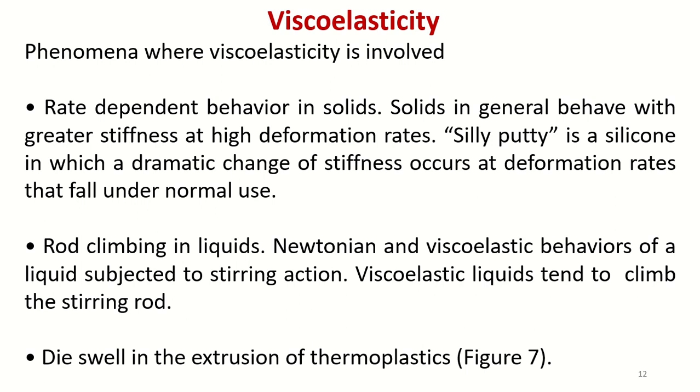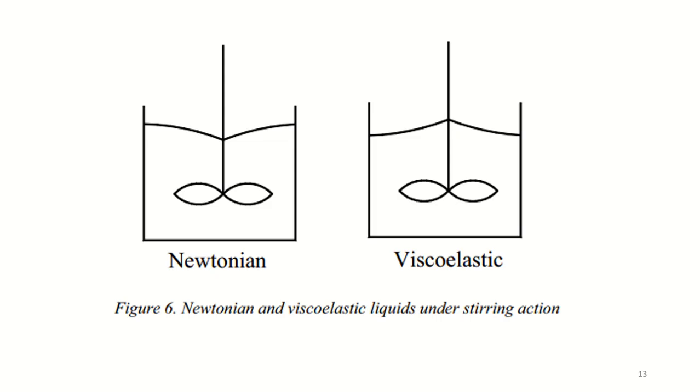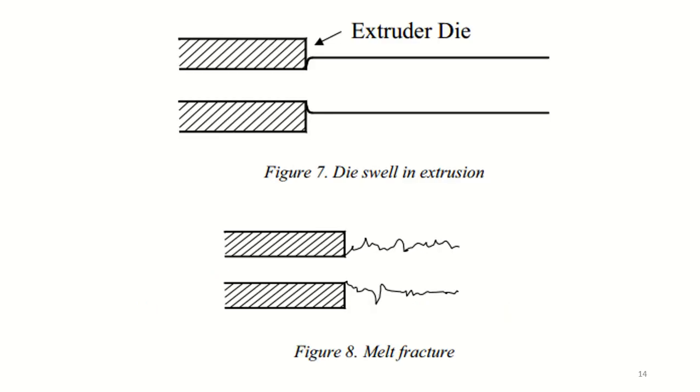The third one is die swell in the extrusion of thermoplastics, which is shown in this diagram. This is the extruder die and we can see die swell in extrusion.